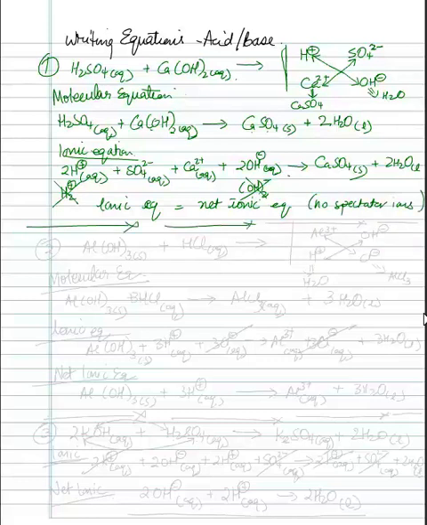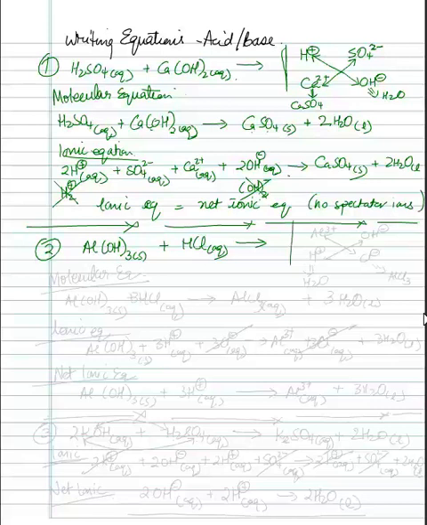Okay, now let's move on to the next problem. Another acid-base equation. So now we will take aluminum hydroxide plus HCl, hydrochloric acid, aqueous, and let's figure out what the products are going to be.